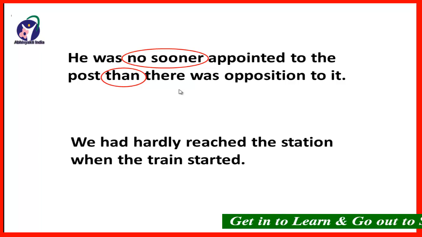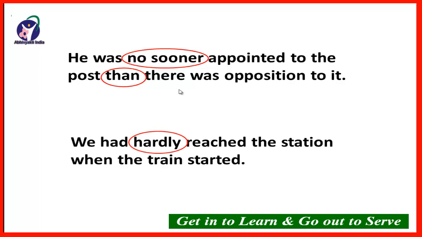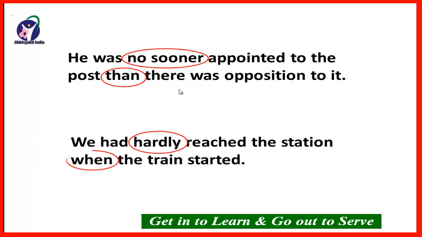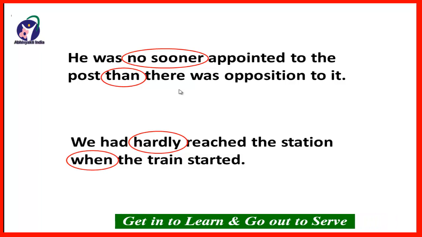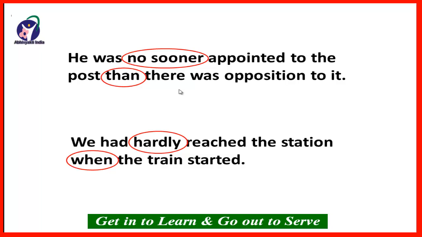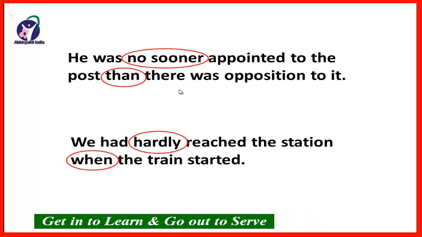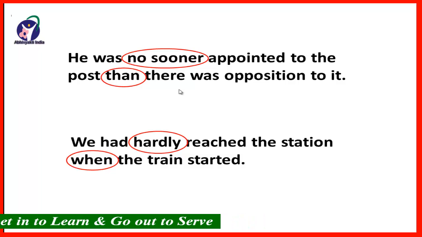Second example: we had hardly reached the station when the train started. With hardly we have used when, WHEN. So the first rule is that whenever there is no sooner, always use THAN, and whenever we are using hardly or scarcely, use WHEN.